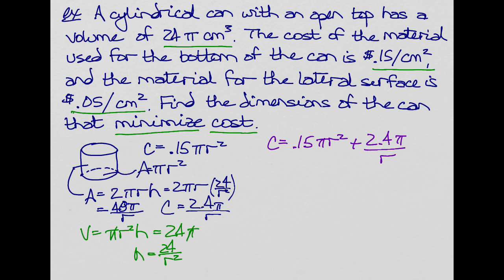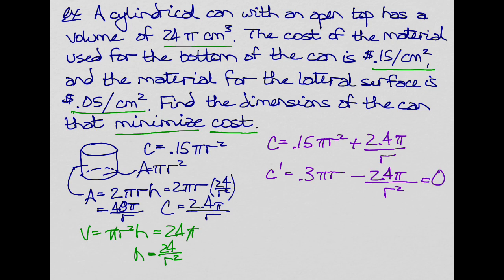Now it's time for calculus. I'm going to take a derivative. 2 times 0.15 is 0.3. And this is r to the negative 1, so minus 2.4 pi over r squared. And I want to know, where is that 0?